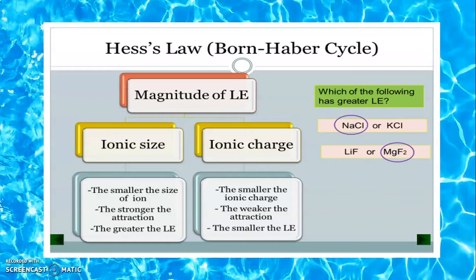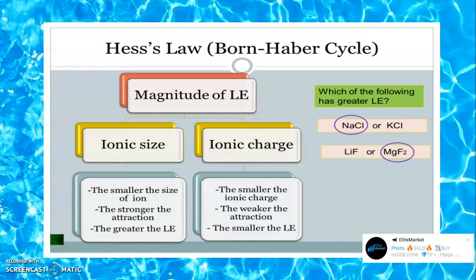So the smaller the size of the ion, the stronger the attraction will be. Therefore, stronger attraction between the ions will result in a greater energy to break this attraction between the ions.